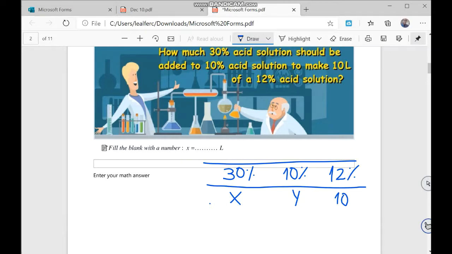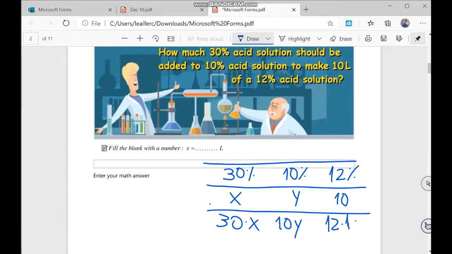Finally, on the last line we write the multiplication of the percentage times the volume: 30 times x, 10 times y, and 12 times 10. Now we complete the table.